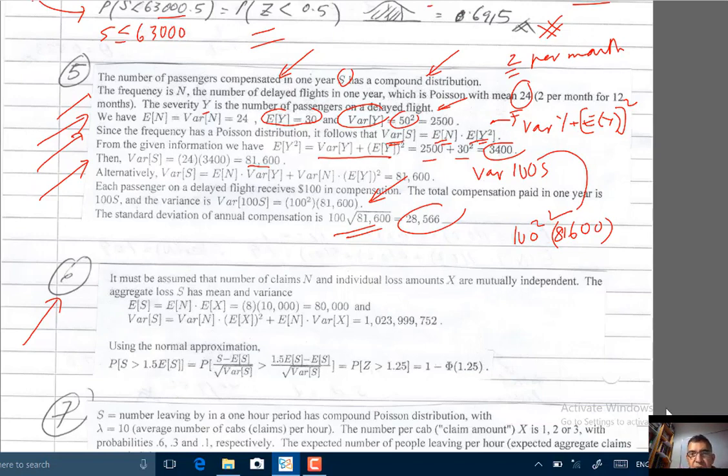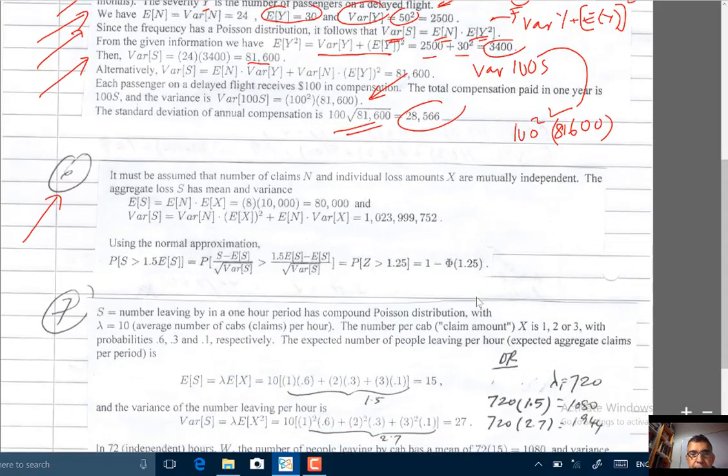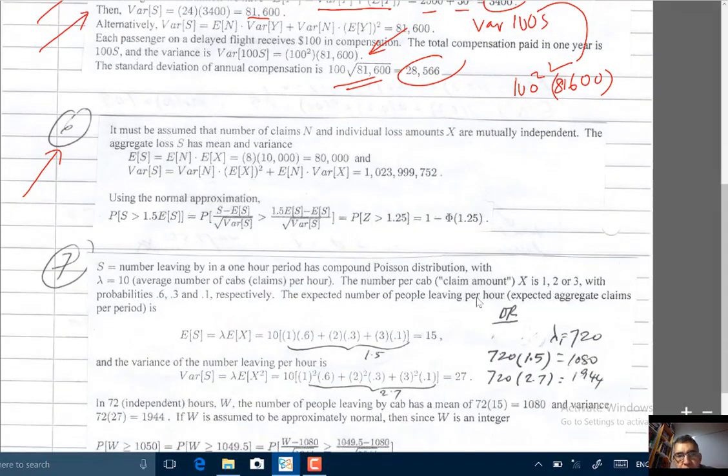Let's move the screen up a little bit. This is an easy problem. The number of claims and individual loss amounts are mutually independent; we will assume that. The expected value of S will be expected value of N times expected value of X. We are given the numbers 8 and 10,000, so you will get 80,000.